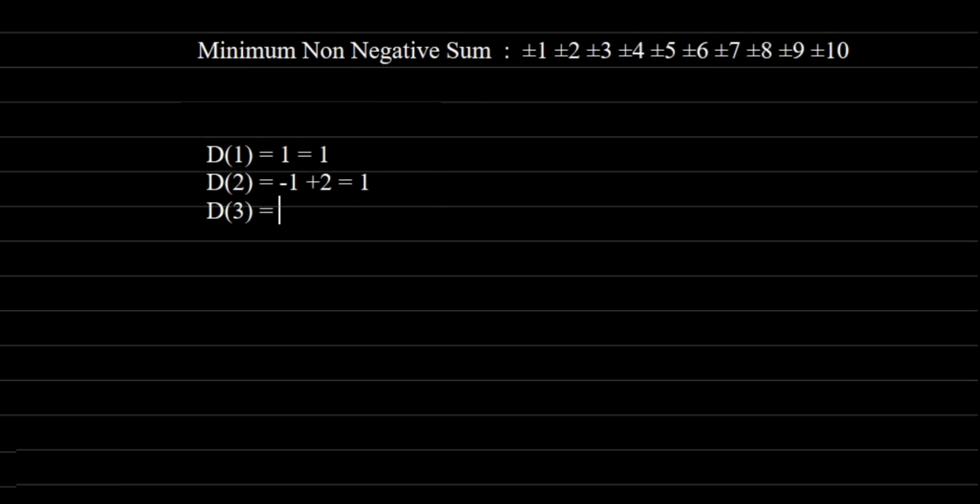So for 3 we have the numbers 1, 2 and 3. If you see, the sum of 1 and 2 is 3 in fact, and if we add these and put a minus before 3, the sum collapses to 0. And since 0 is the minimum value in the range of the function which is required, the value of d of 3 has to be 0. 4 is a very interesting case as well.